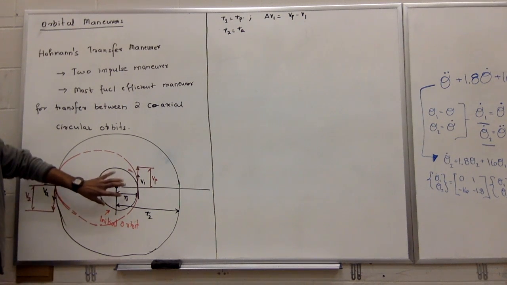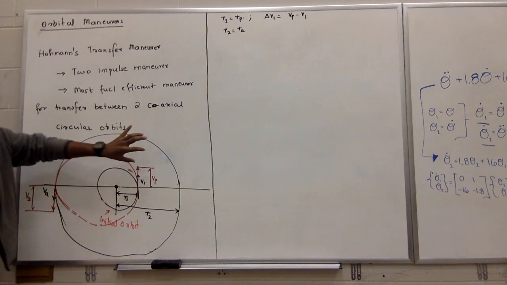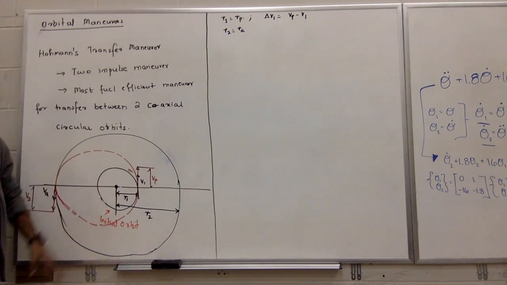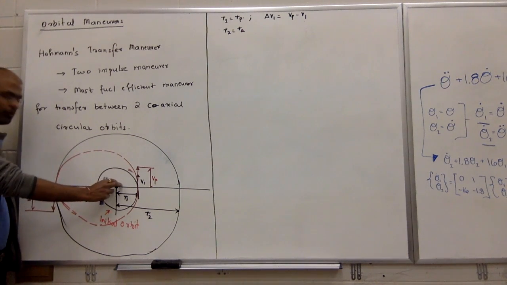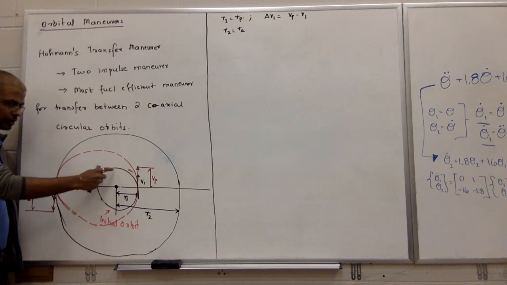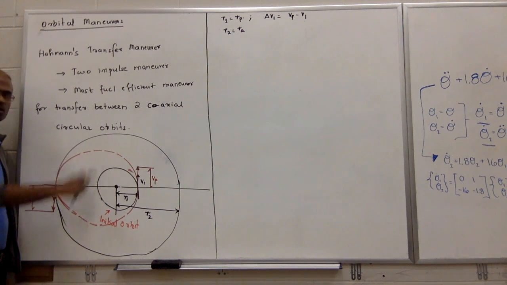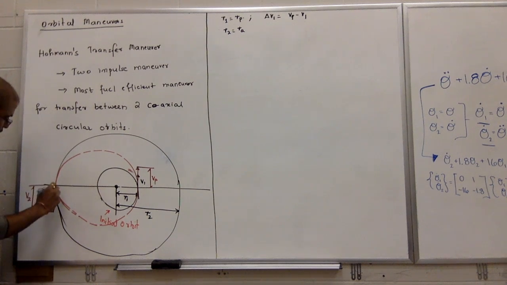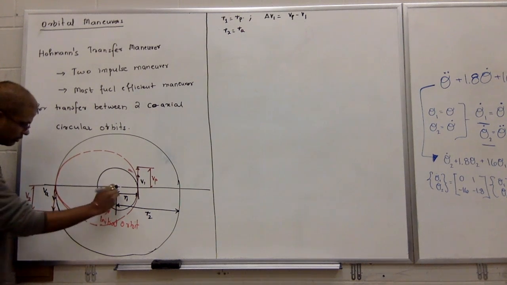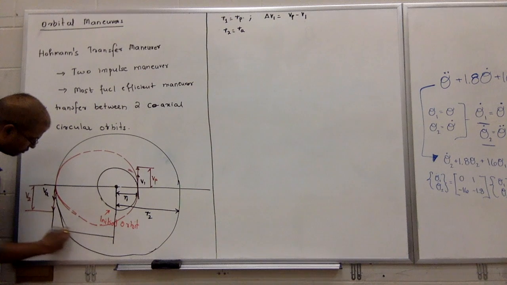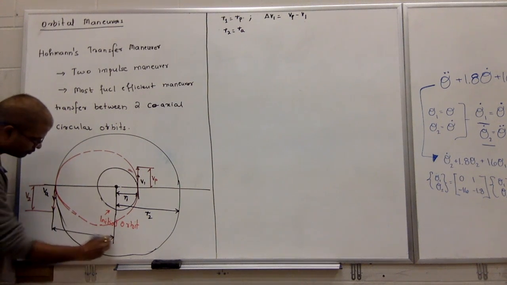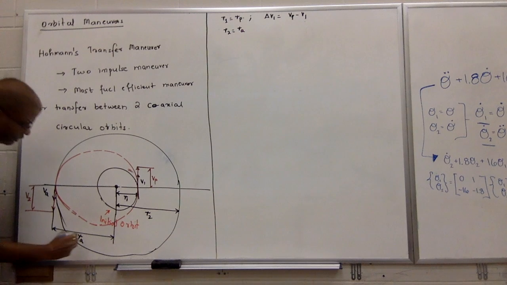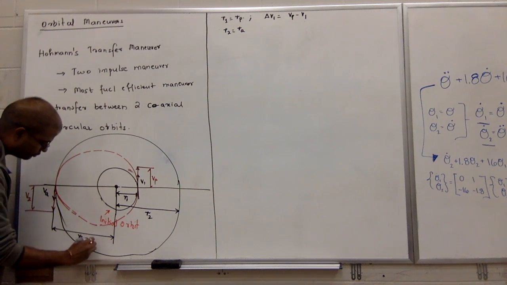There's only one central body here. You understand? The central body itself is not changing. This is the occupied focus, whether you're considering this orbit, this orbit, or this orbit. So do you see this becoming RA, which is equal to R2?